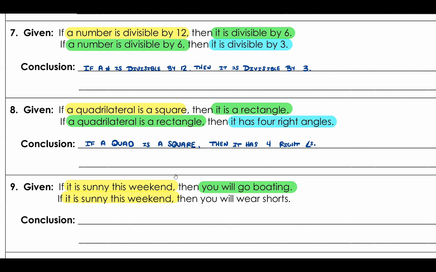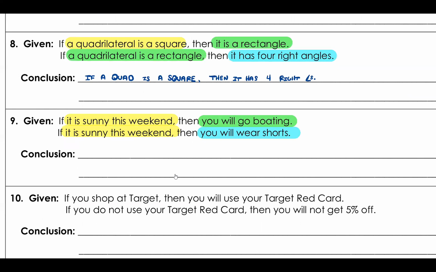And then our new conclusion is you will wear shorts. So using the law of syllogism, can we conclude anything about these two statements? No, because we can't say, well, you're going boating, so you're going to wear shorts. So there is no valid conclusion here. No valid conclusion. My original conclusion and my new hypothesis did not match.